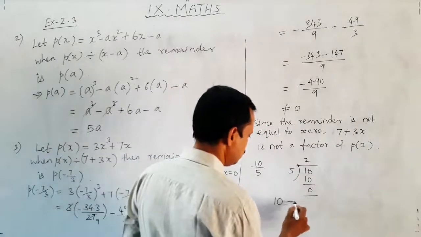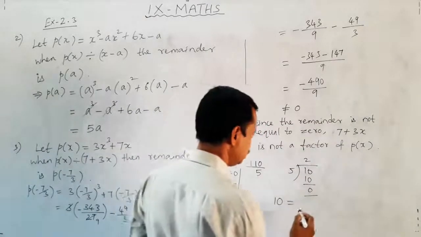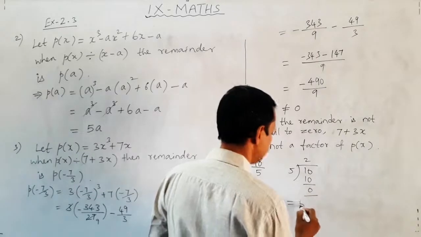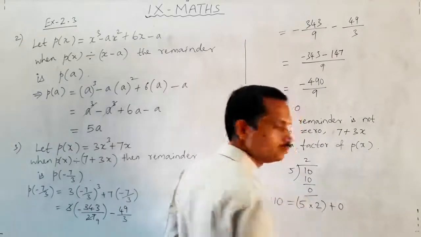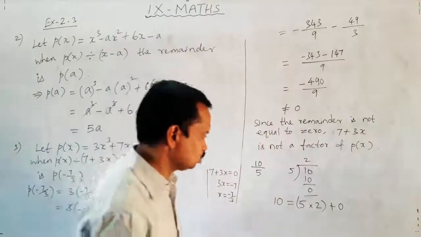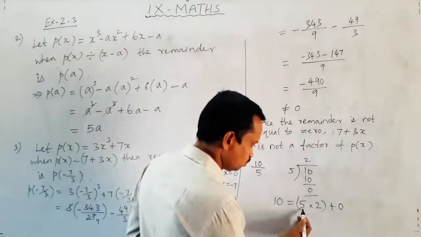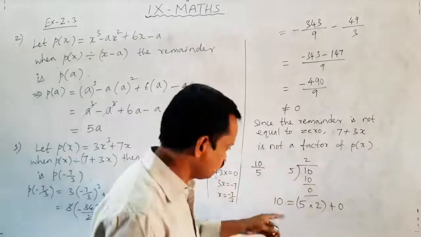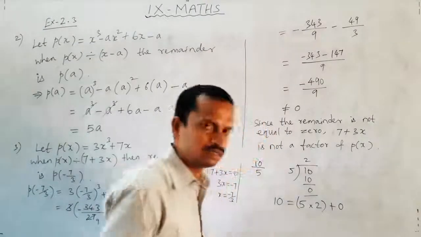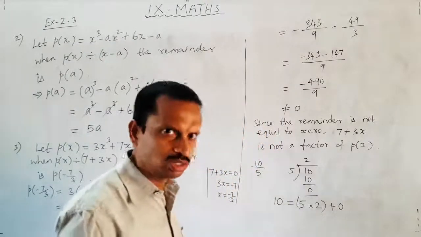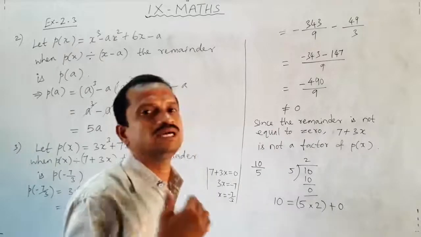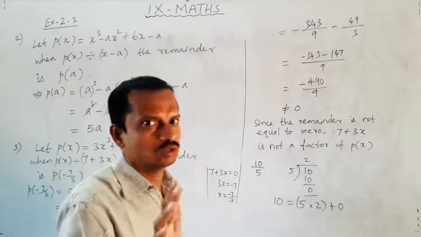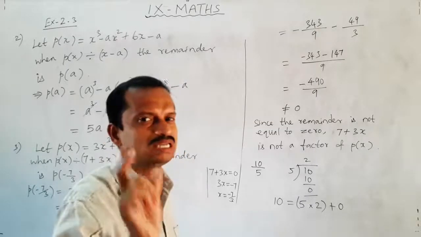Now we can write by the division algorithm, 10 is equal to 5 into 2 plus 0, where the divisor is 5, the quotient is 2, and the remainder is 0. So now we can say 5 is a factor, and also 2 is a factor. When we divide by 5, the remainder is 0. When we divide 10 by 2 also, we get the remainder 0. I am not talking about the quotient, remainder only.